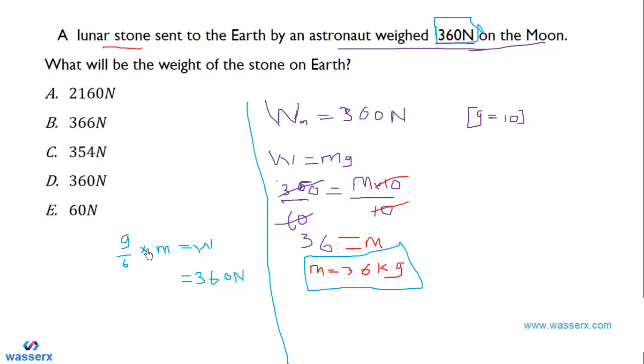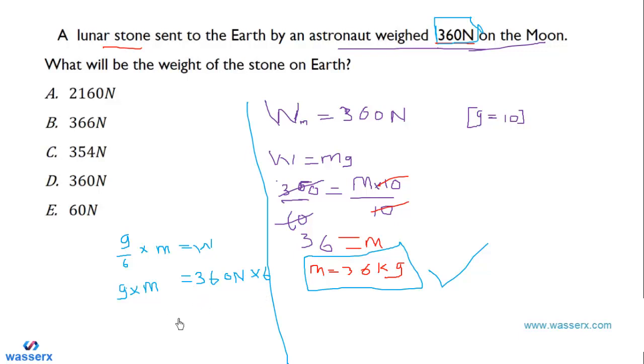So what we are going to do right now is to solve for the acceleration due to gravity on Earth, then multiply it by the mass, which is constant. We don't actually know the mass. The work over here was when we were assuming that gravity was 10. So gravity times mass will be equal to 360 Newton times 6.